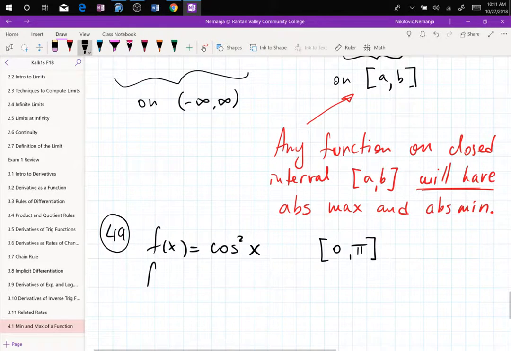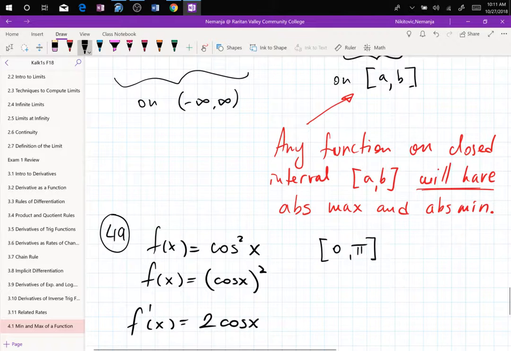absolute min and max. Now what I'm going to do is rewrite my function cosine squared x as cosine x inside the square, like this. So now when I take the derivative, it becomes 2 cosine x times sine x as a chain, the derivative of the inside.